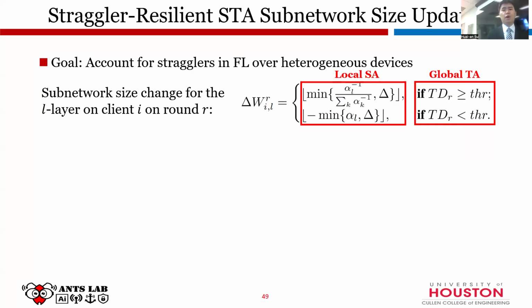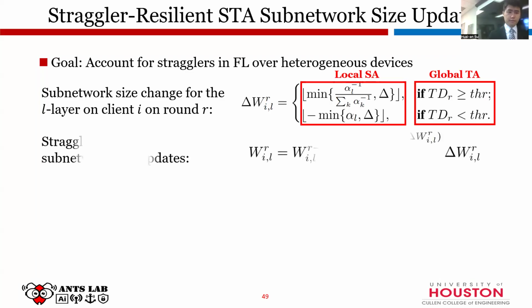The first two parts are whether we choose the amount to decrease or increase. So this basically belongs to the local spatial awareness. As for the TDR, it belongs to the global temporal awareness, deciding whether to increase or decrease.